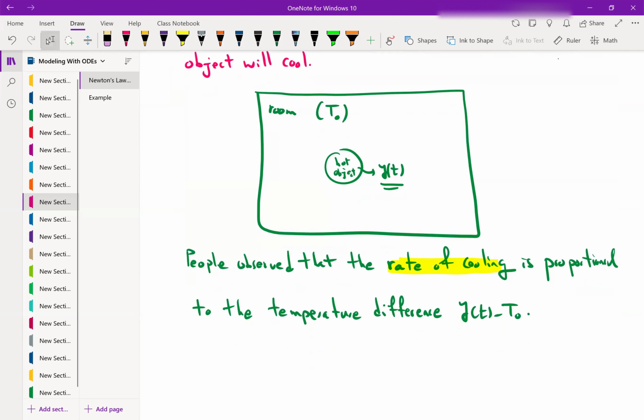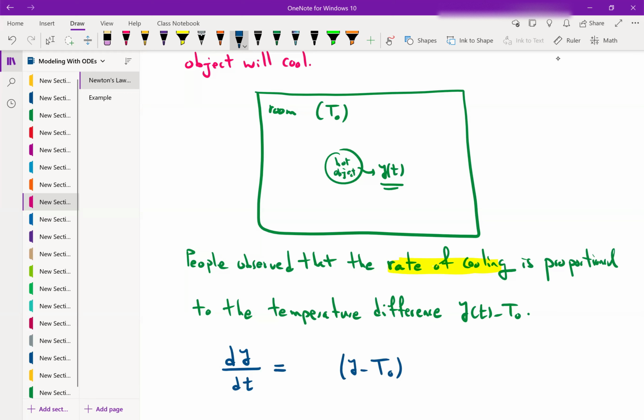So what this observation is telling us in terms of mathematics is that the derivative of y with respect to t, the rate of change of the temperature of the coffee mug, is proportional to, meaning some constant multiplied by, the temperature difference, y minus T naught.